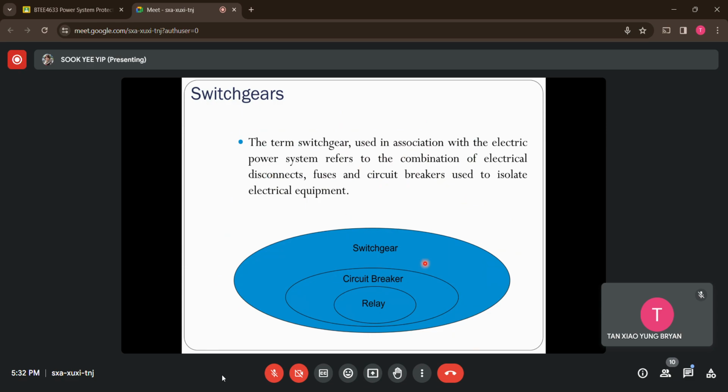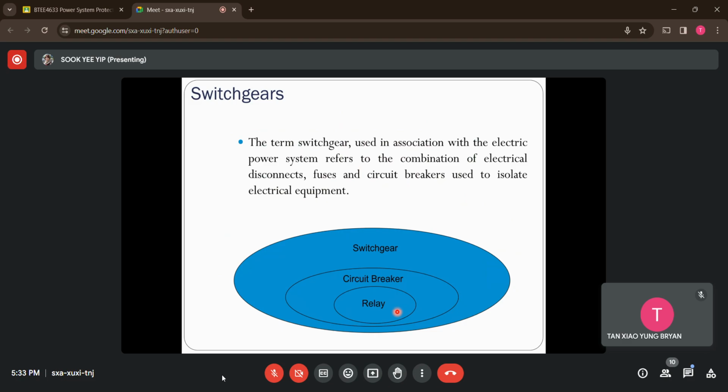In terms of size, if you are comparing these three major protective devices, switchgear will be the biggest, and inside switchgear it contains the circuit breakers, and relays will be the smaller size. Usually a relay, we know, is a low rating device, so it can't take high voltage or high current values from the power line.